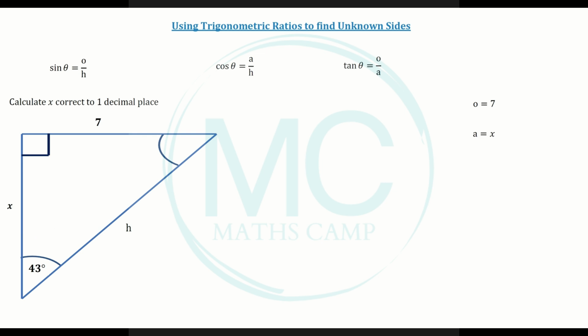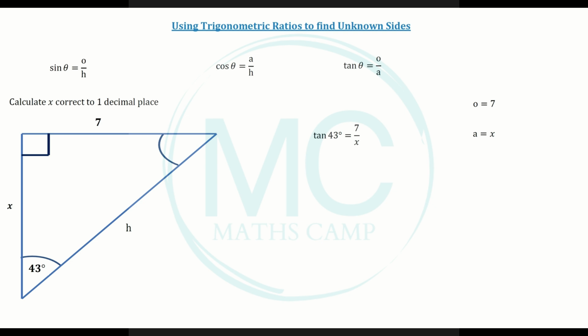Now we have an angle, the opposite side, and we need to find our adjacent side. So we need a ratio that uses both the opposite and adjacent sides, and tan uses both of these. So now we can say tan, instead of theta, let's use our angle of 43 degrees, is equal to opposite, which is 7, over adjacent, which in this case is x.